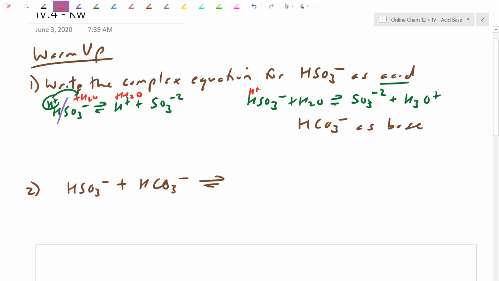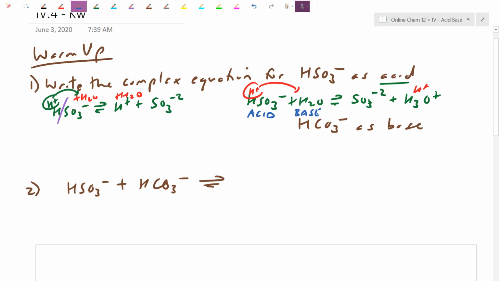So that is the complex equation here. Again, we can refer to the H plus as a proton, as a football. The proton gets passed over, and now it's water that's actually holding onto the H plus. That is the complex equation that answers the question, but you can also analyze which are your conjugate pairs. Well, this one wants to act as an acid. Although water is amphiprotic, water could have been acid or base, in this case water is willing to take that proton.